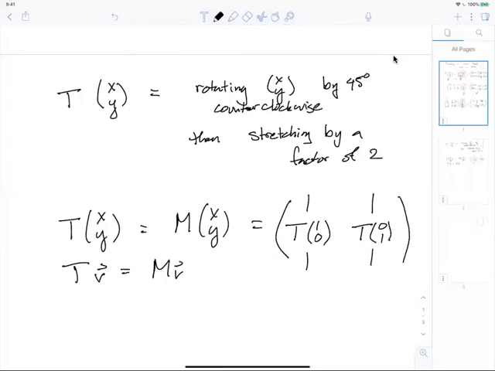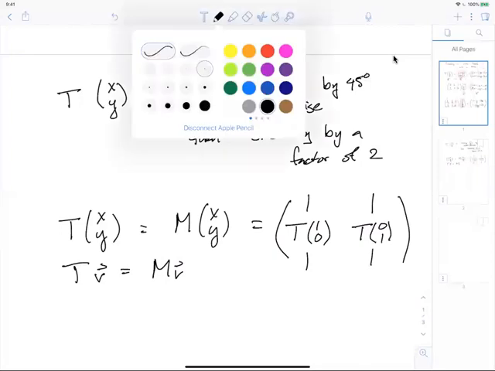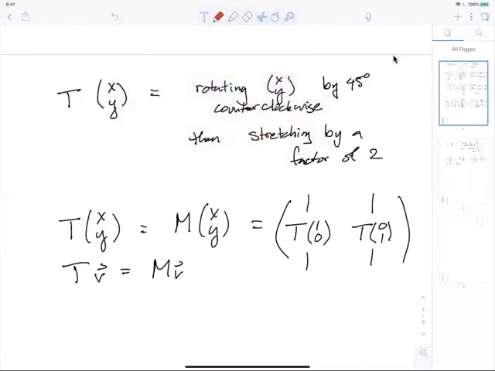If you had more inputs, you'd go to the third standard vector, and so on. It sounds like a laborious task to figure out exactly what the transformation is, but all we have to do is figure out what happens to the 1, 0 vector and also what happens to the 0, 1 vector. There are two different vectors, and once we figure out what happens to them, that gives us our matrix.